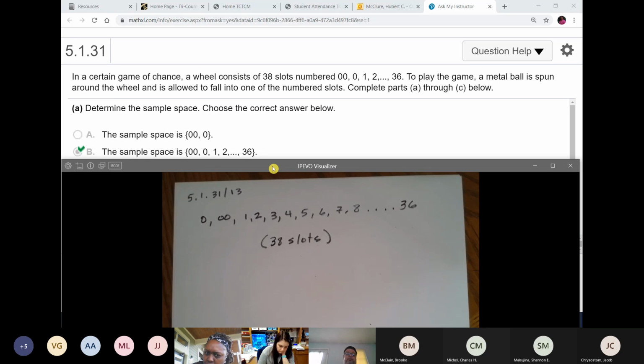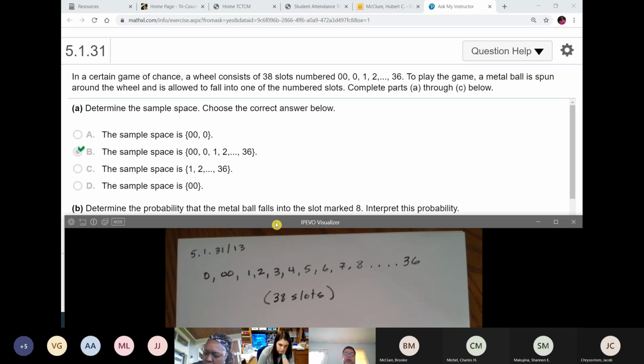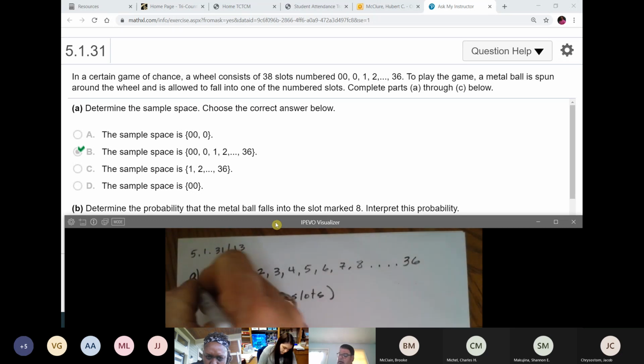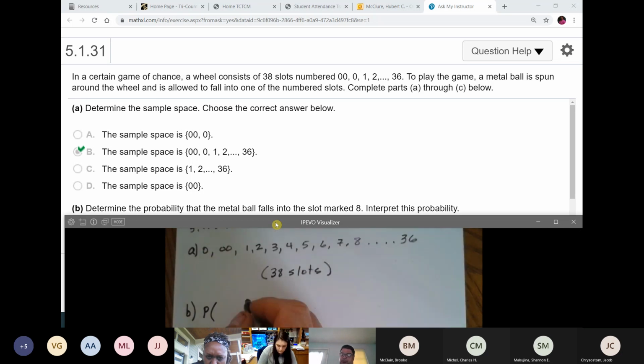Next question. Determine the probability that the marble falls in a slot marked 8. Somebody tell me what that probability is. That's A. B. The probability that the marble falls in the slot numbered 8.